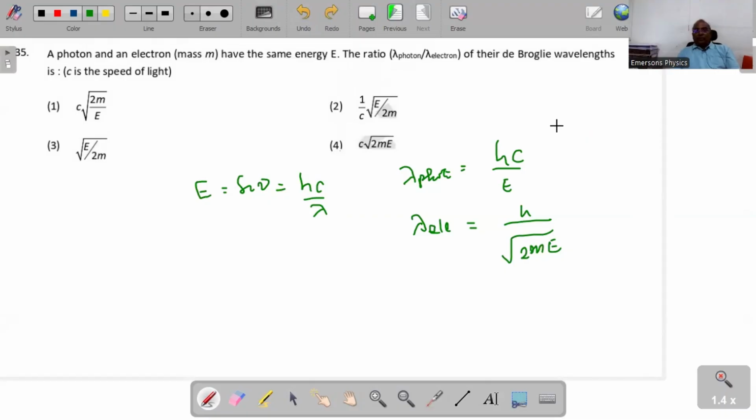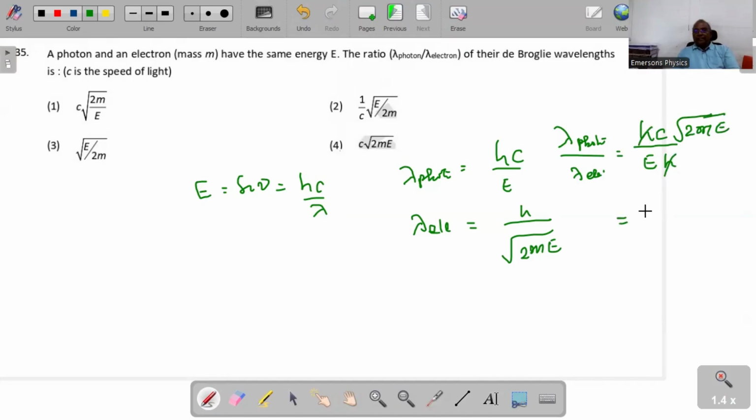So the wavelength of the photon to the wavelength of the electron is equal to hc by E divided by h by root of 2mE. h gets cancelled.